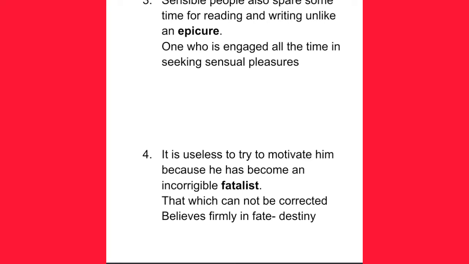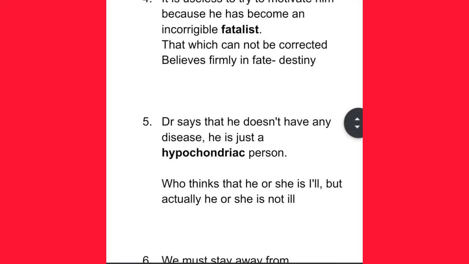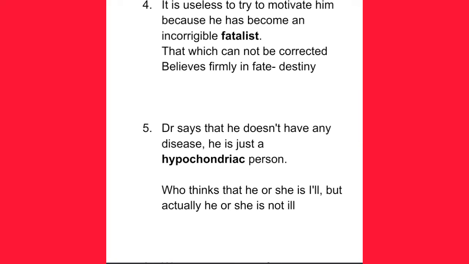So epicure is somebody who is all the time looking for pleasures, and therefore that person is not much interested in gaining knowledge or improving any kind of skills, but all the time seeking one or another kind of pleasure. Is that clear?